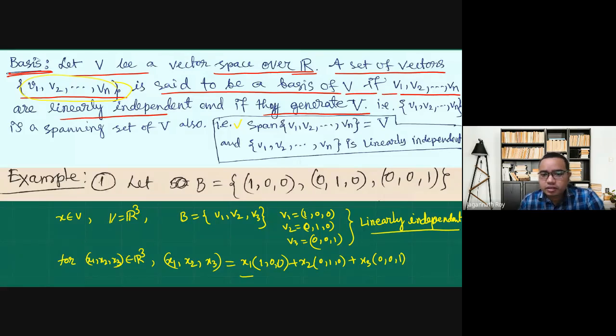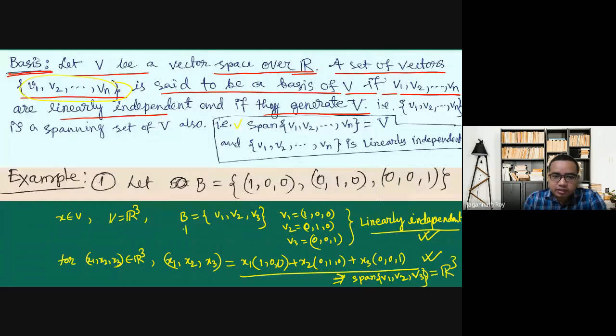This implies that the span of V1, V2 and V3 is R3. Since these two conditions are satisfied, this is a basis for R3.